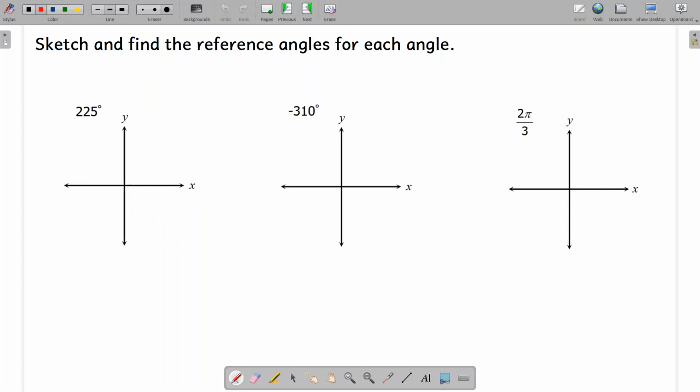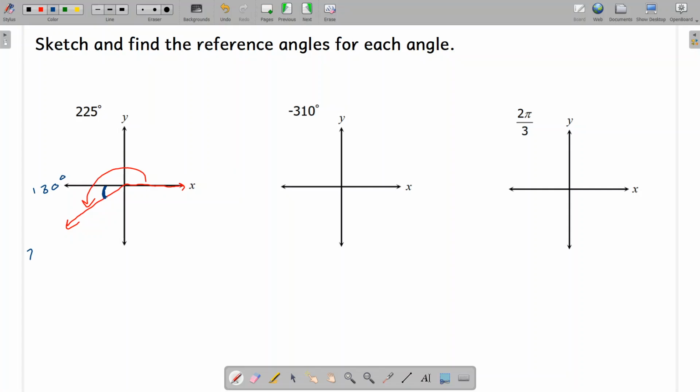Okay, so 225 is going to be down here somewhere. Okay, so that would be 225 degrees. Now, my reference angle is the measure back to the nearest x-axis, which will be right here. So we're trying to figure out what that little sliver is. Now, we know that this is 180 degrees here.